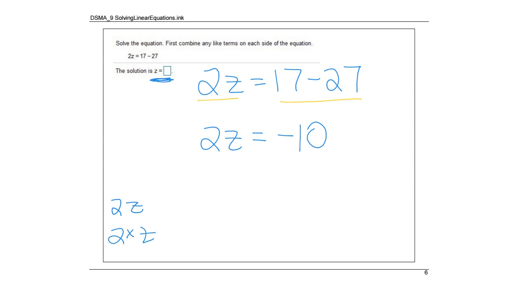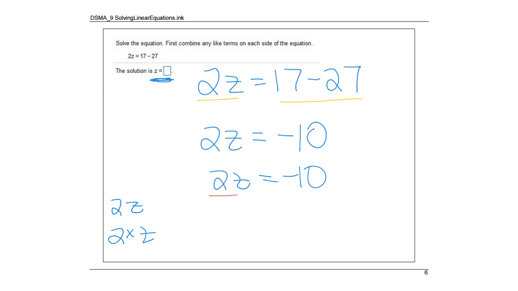We've combined like terms on both sides, but now we know we want to get back to z equals. So we're going to do the same thing as far as doing opposite. On the last problem, we added 6. It was a minus 6, and we added 6. On this one, we have times 2. So we are actually going to divide by 2. Let me write this problem again so that you have each step.